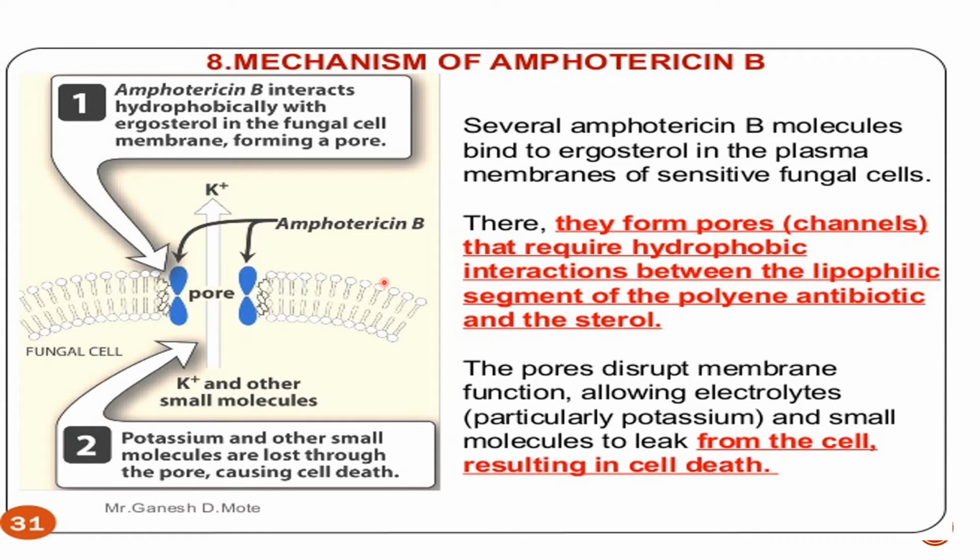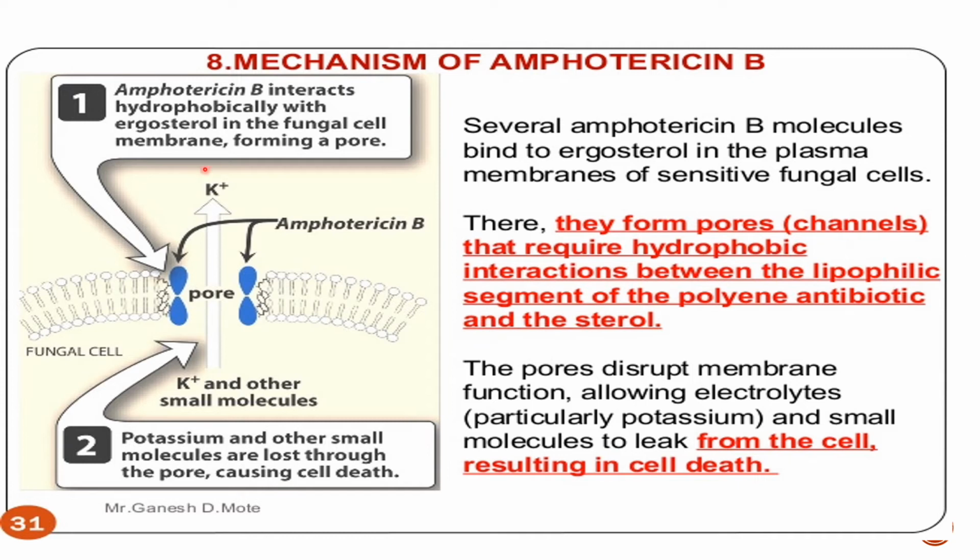So Amphotericin B is more active and more toxic. Most polyene antifungal drugs contain macrocyclic lactones varying from 12 to 37 atoms in size.